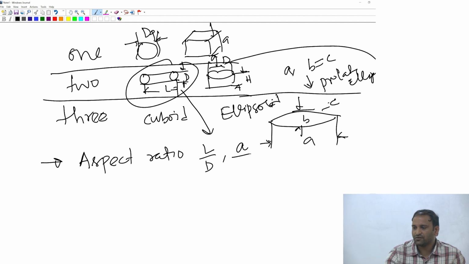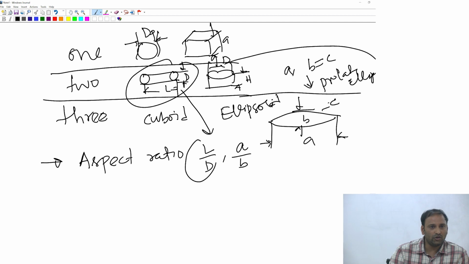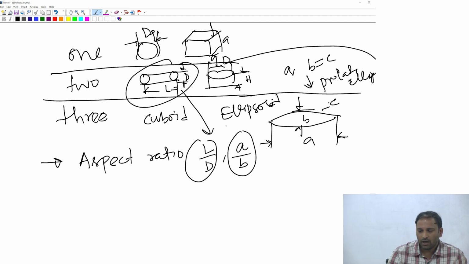And of course, if you take a prolate ellipsoid, it is going to be either A by B or A by C. So people use a non-dimensional way of expressing dimensions, and in the case of elongated particles, aspect ratio is something that people use.